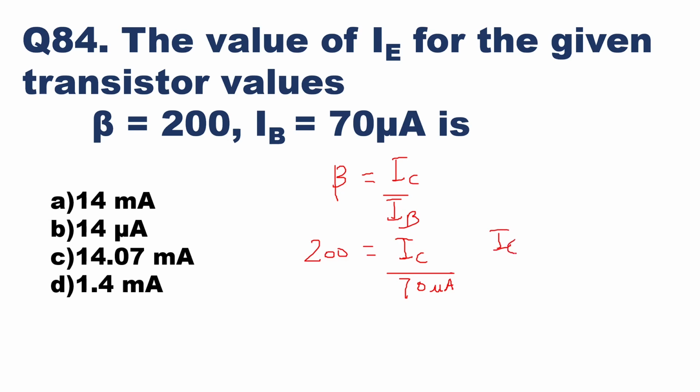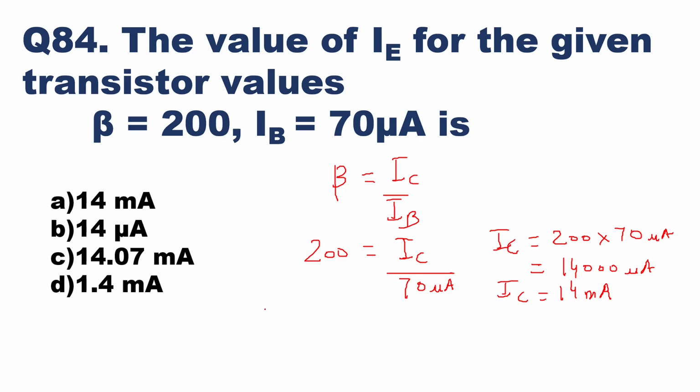So IC will be equal to 200 into 70 microamperes, which is nothing but 14,000 microamperes, that is, IC is equal to 14 milliamperes. Here 14 milliamperes will be your collector current IC.